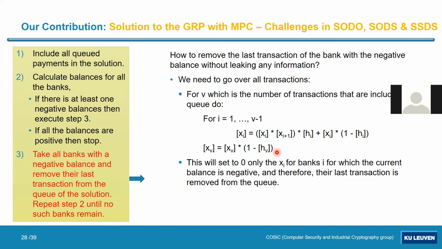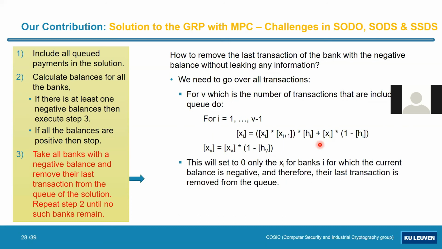With this one, we first handle the last transaction the first time that the bank has a negative balance. With this equation, we make the last transaction 0, and in the next times that the bank has a negative balance, we are multiplying an element with the previous element.